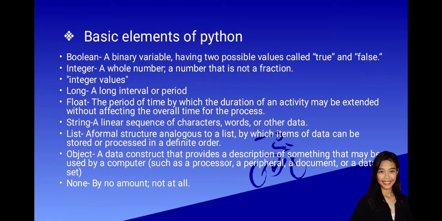An object is a data construct that provides a description of something that may be used by a computer, such as a processor, a peripheral, a document, or a dataset. And the last, none. None is not no amount, not at all.